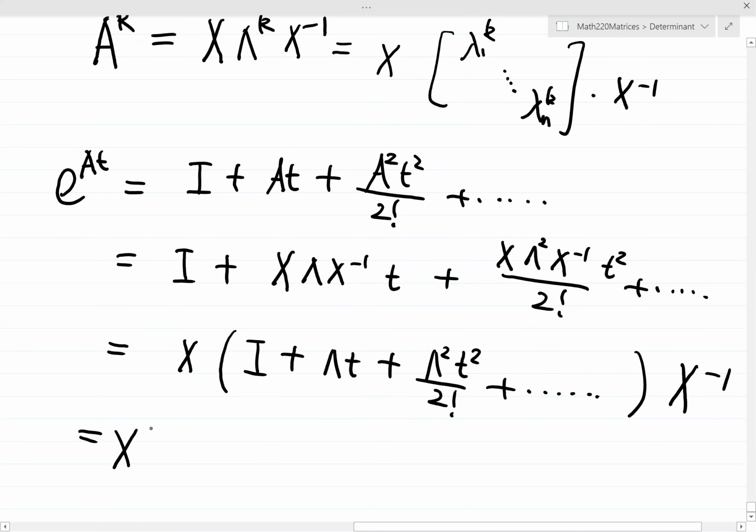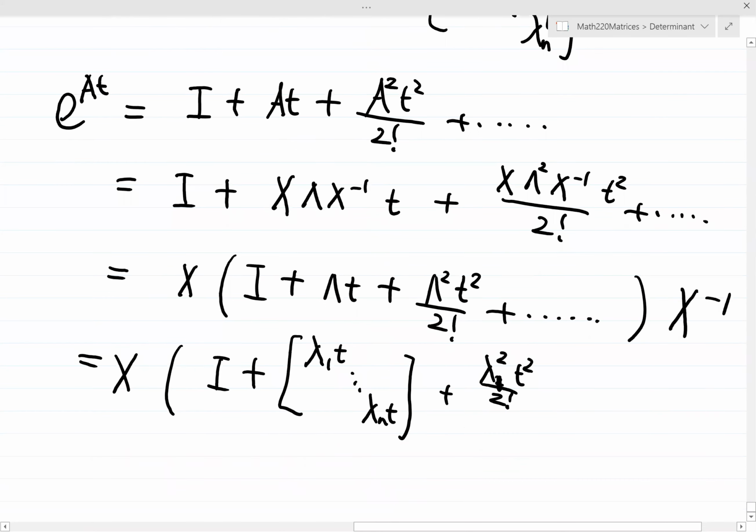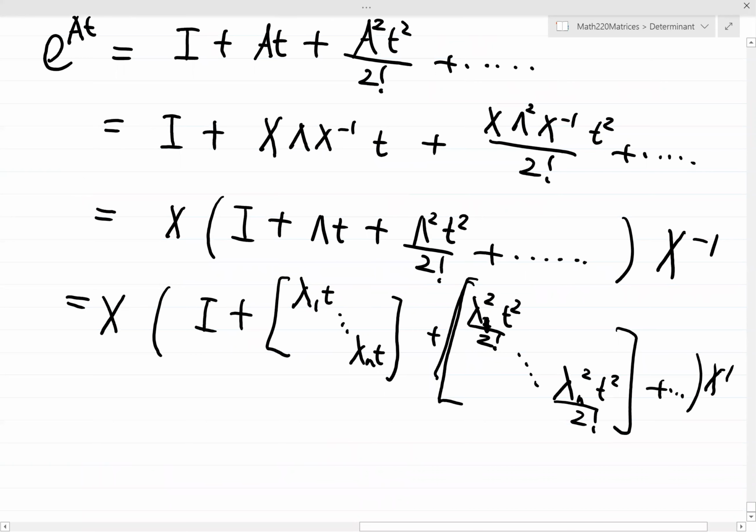Now remember what Gamma t looks like: diag(lambda 1 t, ..., lambda n t). Gamma squared t squared over 2 factorial is diag(lambda 1 squared t squared over 2 factorial, ..., lambda n squared t squared over 2 factorial), and so on. The diagonal entry of I is just 1.